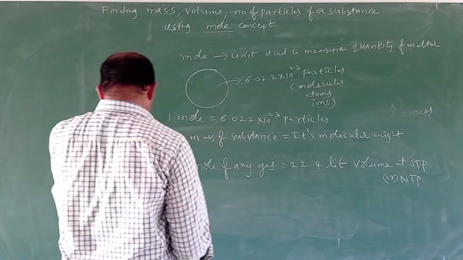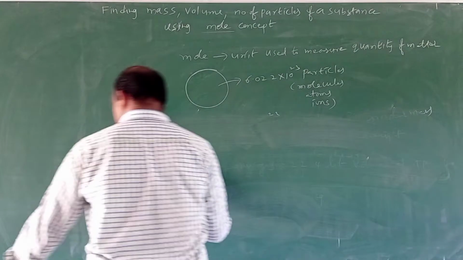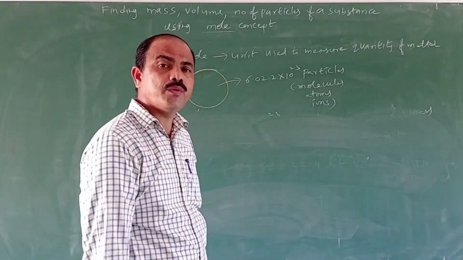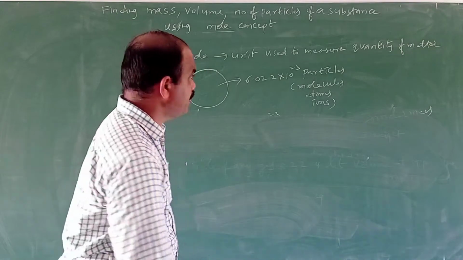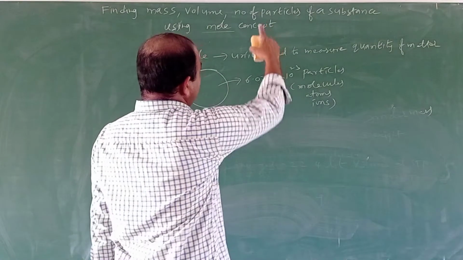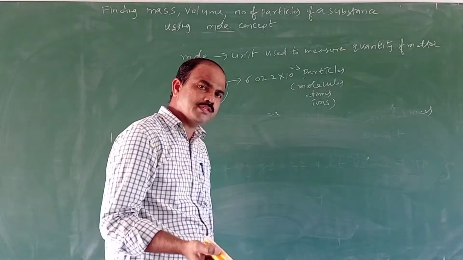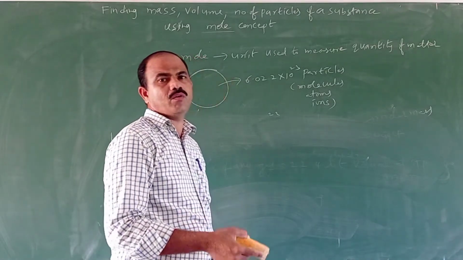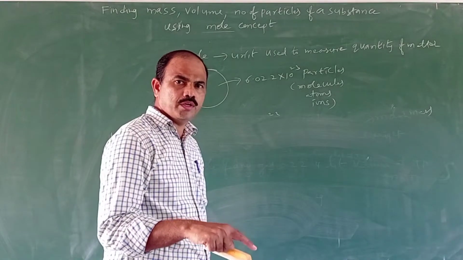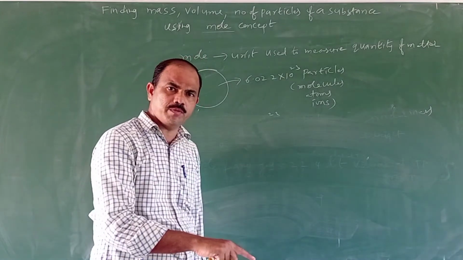Next I am giving the different formulas to find the number of moles. We use 3 formulas: one in terms of mass, the second in terms of volume, and the next in terms of the number of particles. If the mass of the substance is equal to molecular weight, that quantity is 1 mole. If the matter contains 6.023 into 10 power 23 molecules, atoms or ions, that is also 1 mole. If any gas occupies 22.4 liters, that is 1 mole.